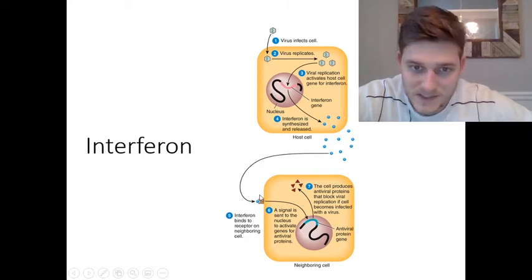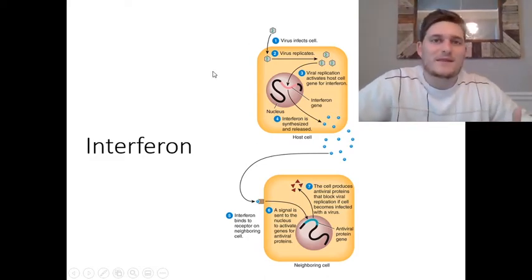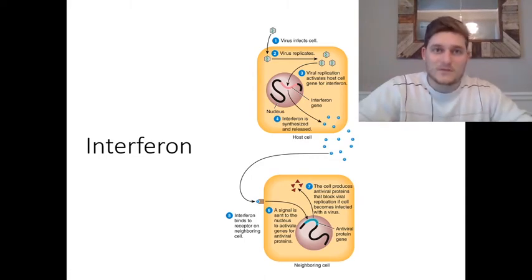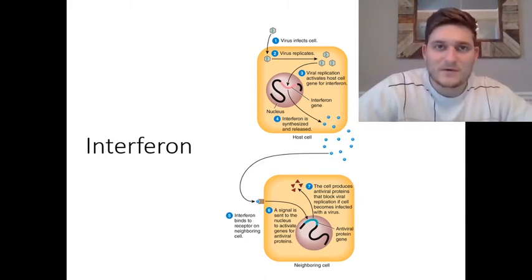And this binding serves as a signal for this cell to create antiviral proteins that help block viral replication. So this is one of the methods that our cells use in order to prevent the spread of different viruses and bacteria within our bodies.